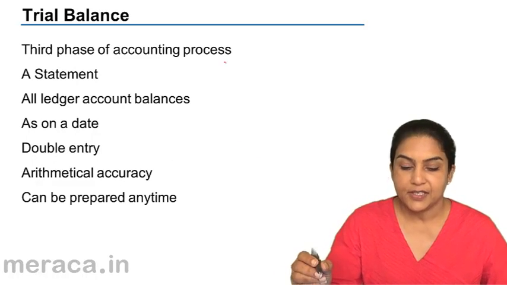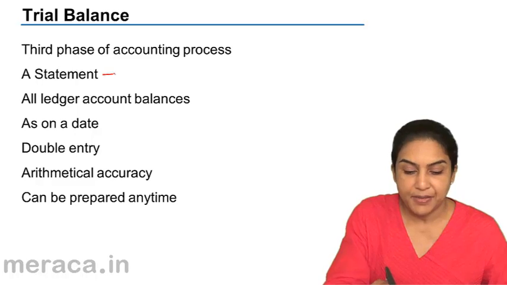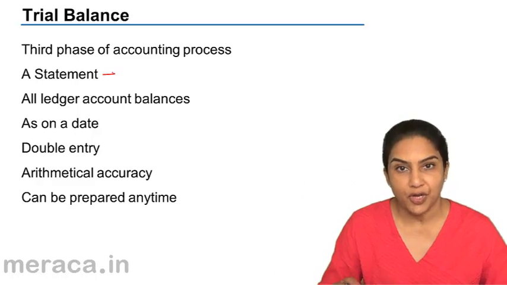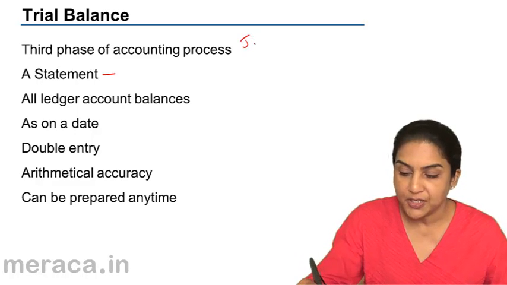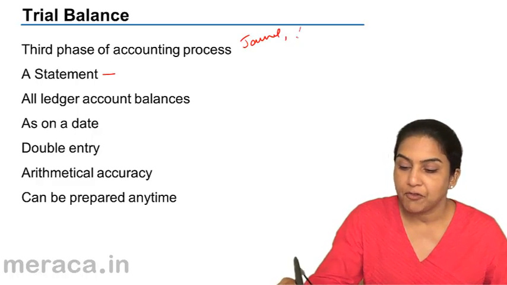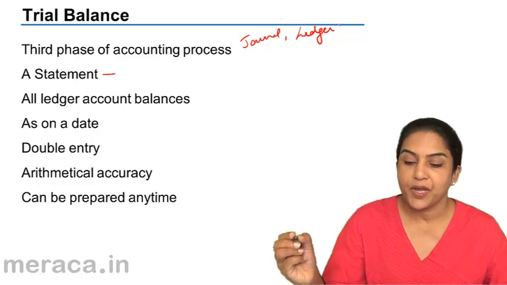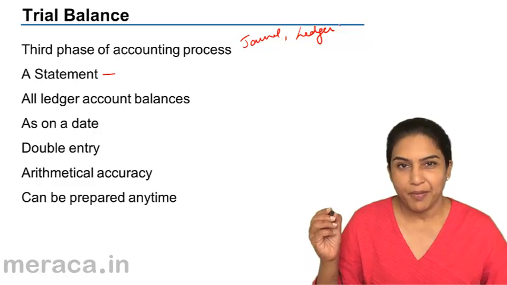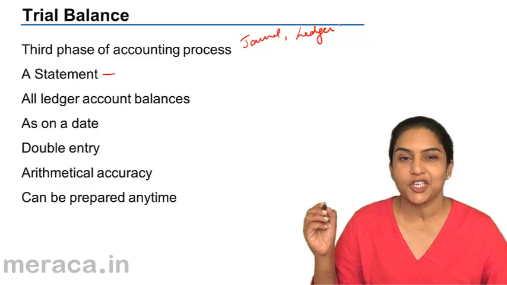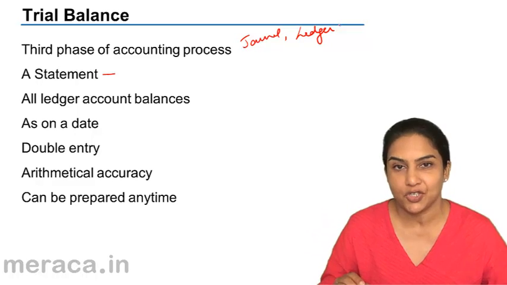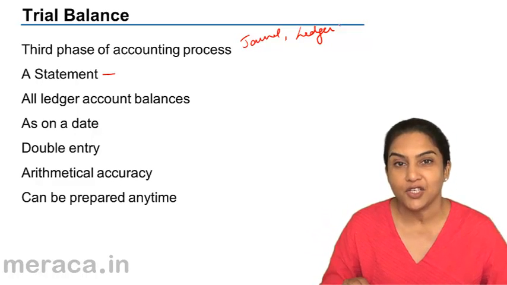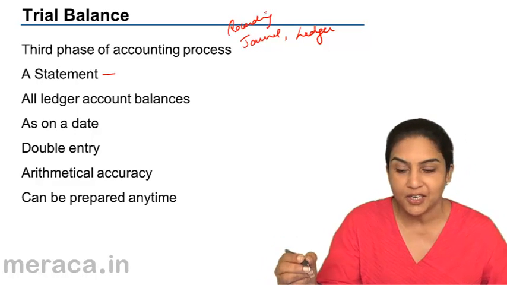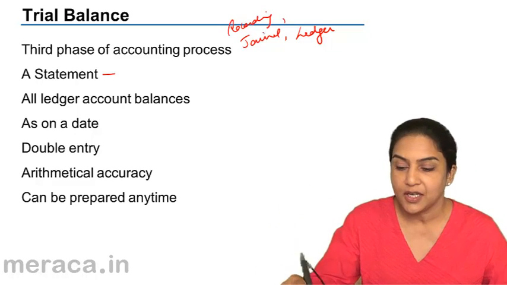A trial balance is first and foremost a statement. Like we mentioned before, this is the third phase of the accounting process. After journal, followed by ledger, and now we have come to the trial balance. If we remember our original definition of accounting, one of the oldest definitions was that accounting is the art of recording, which we recorded in the journal.